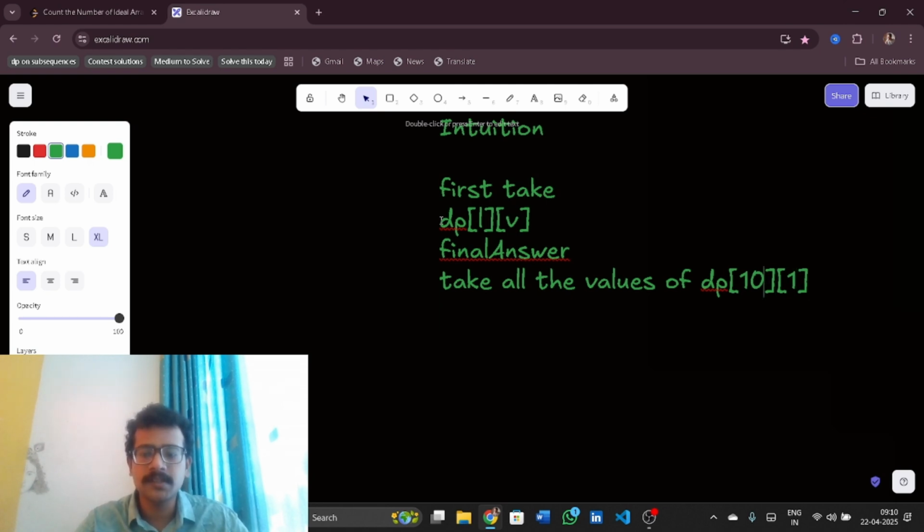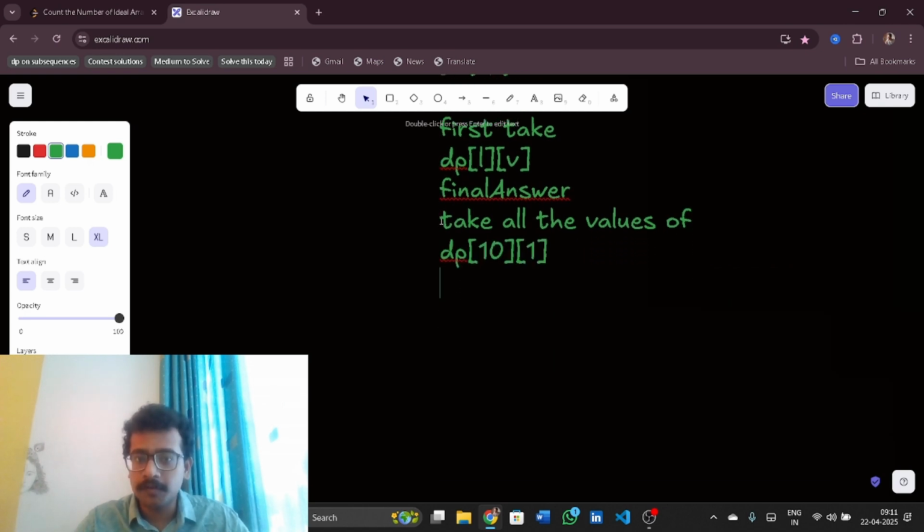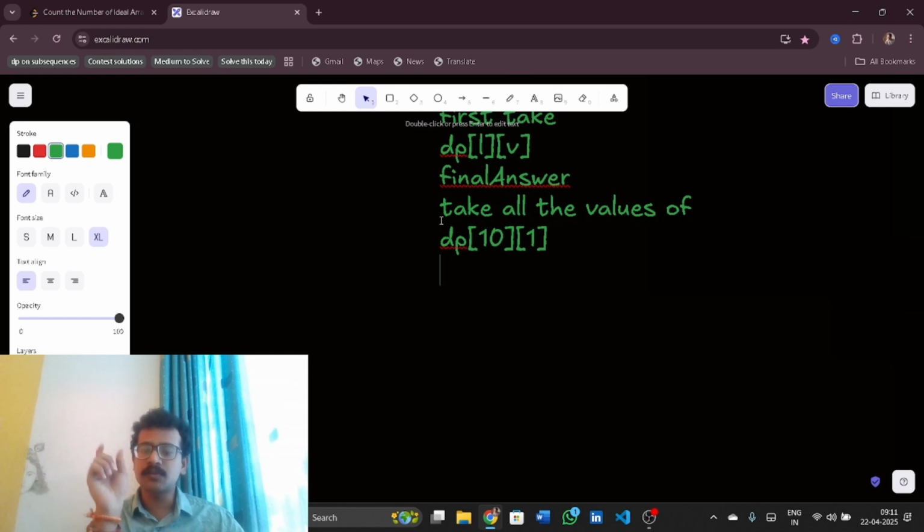For now I am just taking dp of size 10 with the last value 1. You might be confused what the value is with the last value of 1 and size 10. I'll take 1 1 1 1 1 1 like this. It is 10, the size is 10.